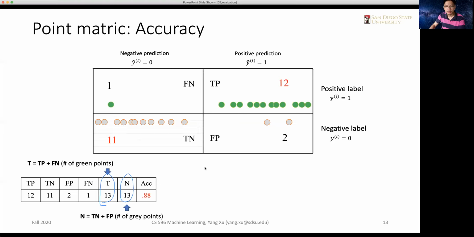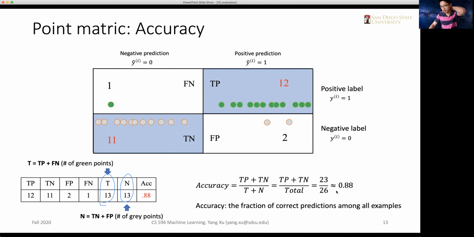And the accuracy is basically defined using these two sections, the true positive and the true negative, because we want to know the proportion of accurate predictions made by the model. We simply need to include all the correct predictions, including the correct positive predictions and the correct negative predictions. Altogether, the accuracy is the fraction of correct predictions among all data examples.